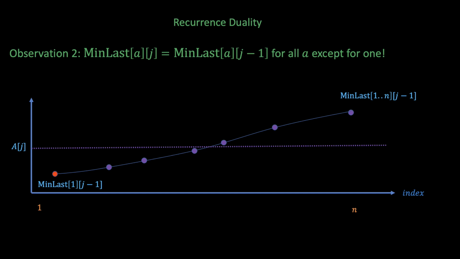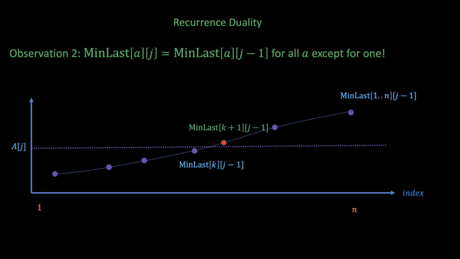Therefore, it must be that the minimum last 1, j is the same as minimum last 1, j minus 1. Similarly, since min last 2, j minus 1 is less than aj, then there's an increasing subsequence of length 2 ending in a number less than aj. So minimum last 2, j is unchanged by the addition of aj. This holds for min last 3, j and so on until min last k, j.